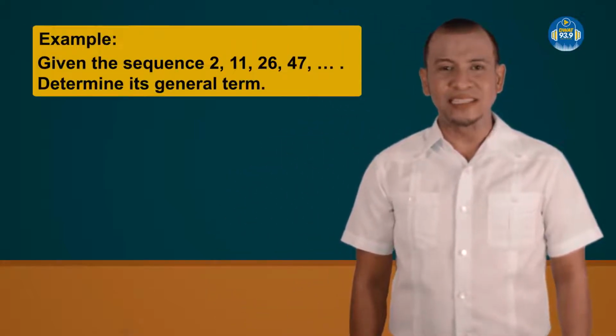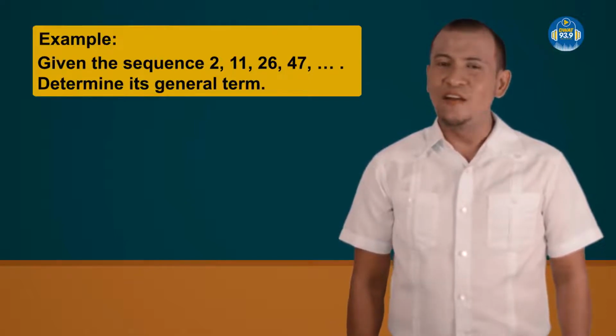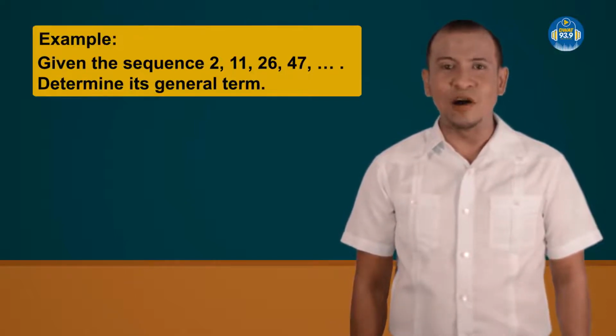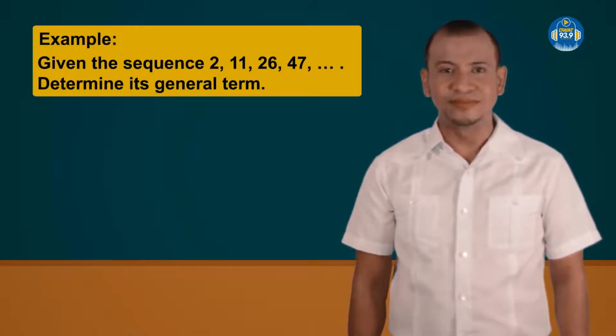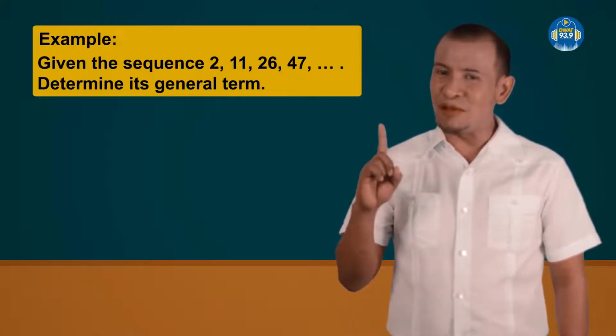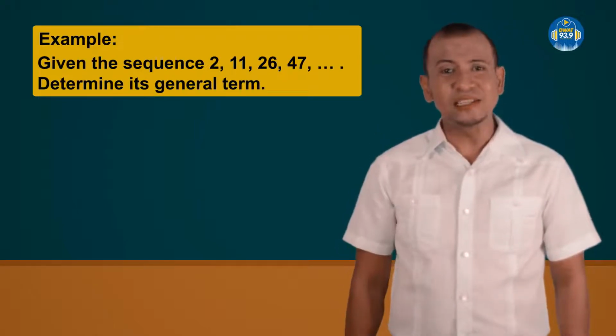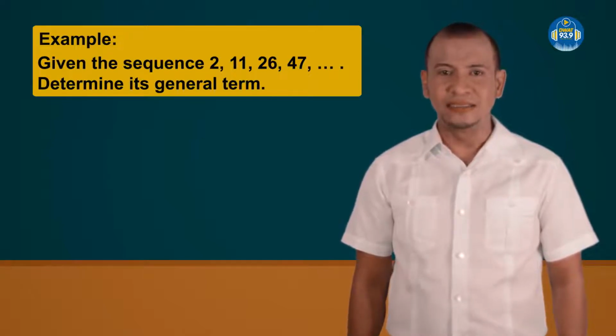Given the sequence 2, 11, 26, 47, and so on, let us determine its general term. In the first four terms, it can be observed that each is 1 less than thrice the square of n.